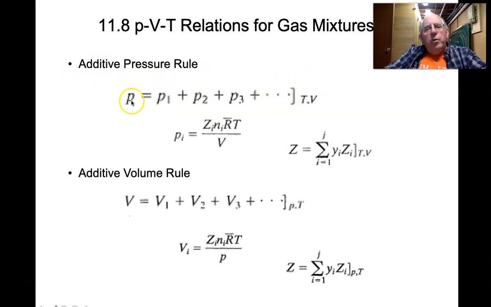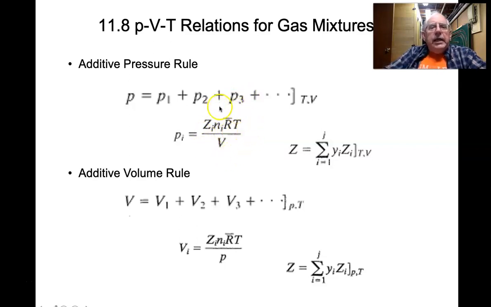And this partial pressure would be the pressure that a particular component of the gas mixture would have if it occupied the overall volume at the mixture temperature.